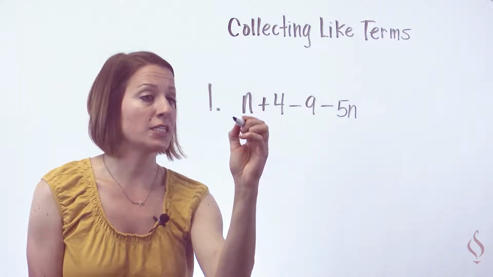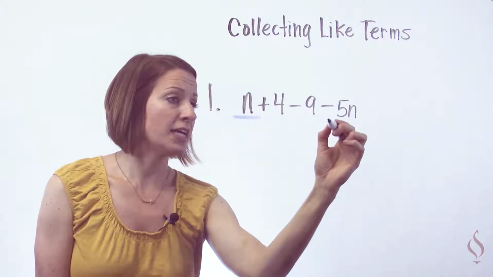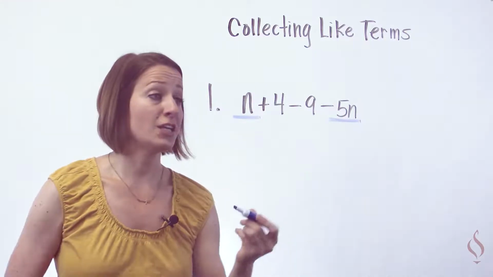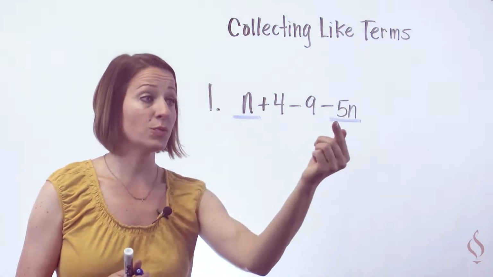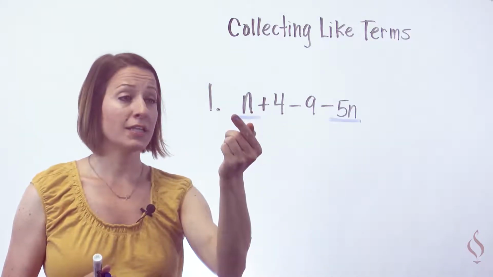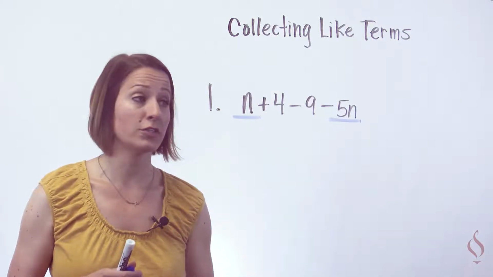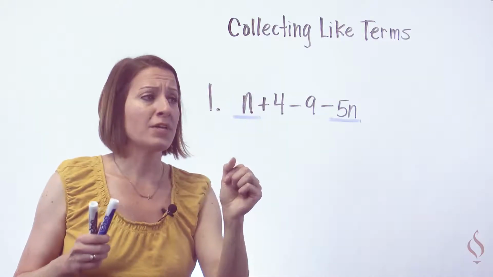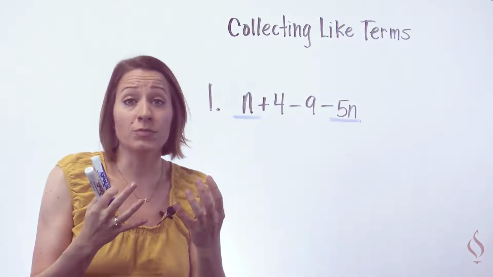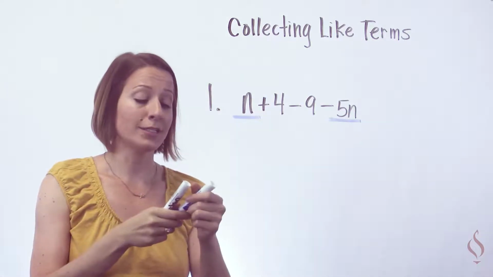If you take a look at this first term and the last term, they both have a variable of n. Now this one has a -5, and this one really has a 1 as a coefficient. But because the n is right there, that makes them similar terms. They both are in the family of n, we'll call it.